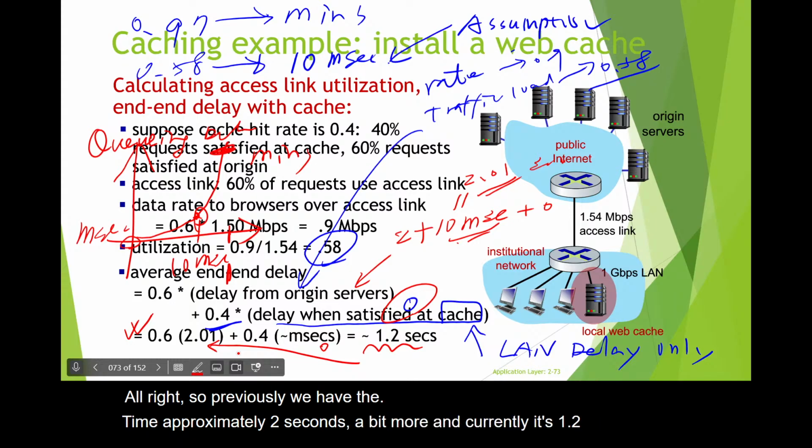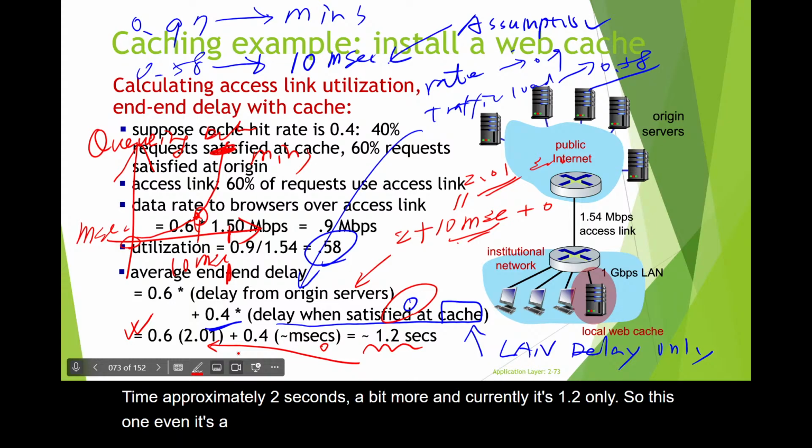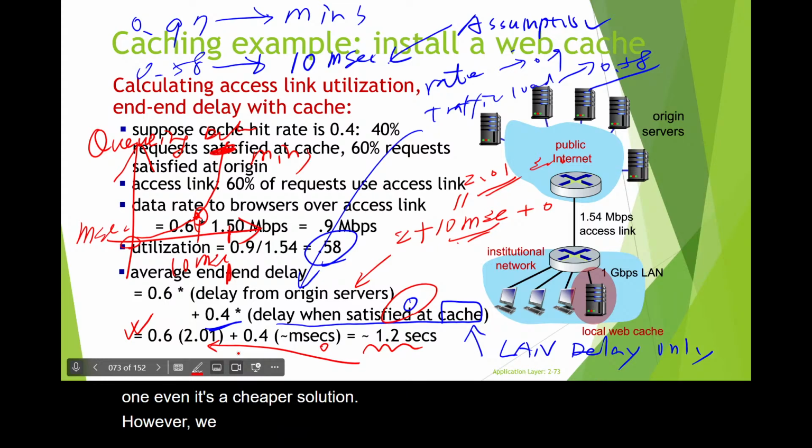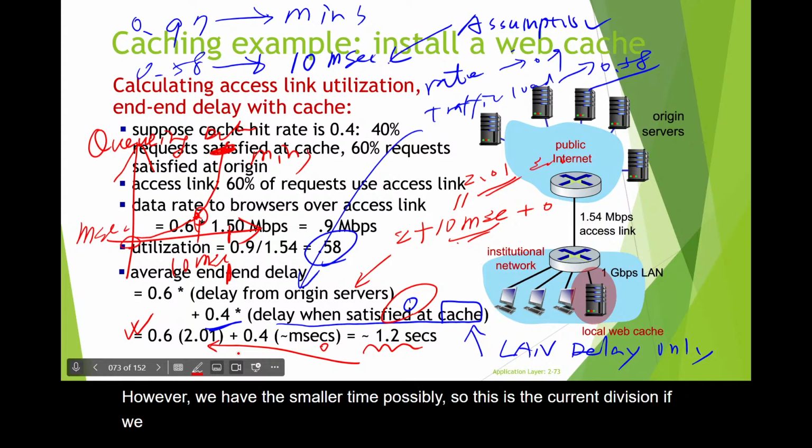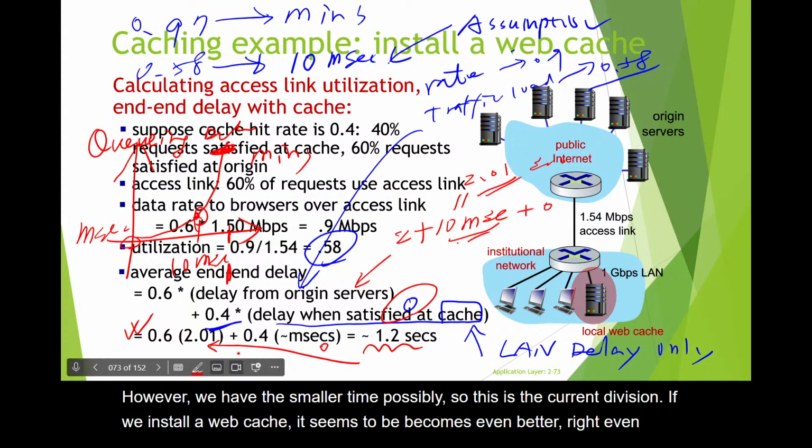So this one, even though it's a cheaper solution, we possibly have a smaller time. So this is the current version. If we install a web cache, it seems to become even better, right? Even better.